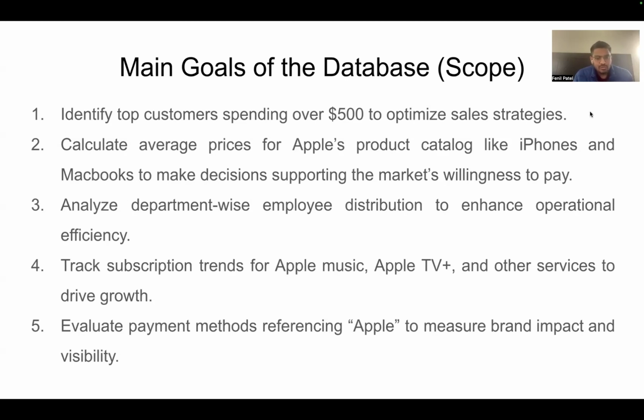The third one is to analyze department-wise employee distribution to enhance operational efficiency. The fourth one is to track subscription trends for Apple Music, Apple TV Plus, and other services to drive growth. And the last one is to evaluate payment method referencing Apple to measure brand impact and visibility.